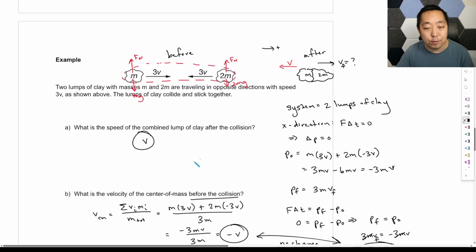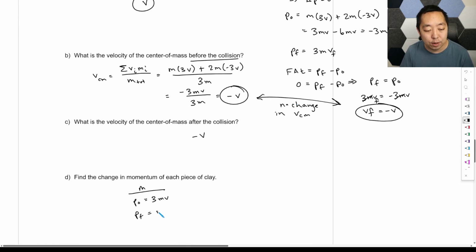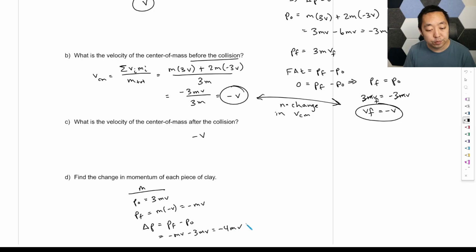Well, if you think about just this guy by himself, the m is now going in the negative v direction, right? So it would be m times negative v, which is negative mv. So the change in momentum for the m block, the left clay block, is final minus initial. And so you get negative mv minus 3mv, which is negative 4mv.